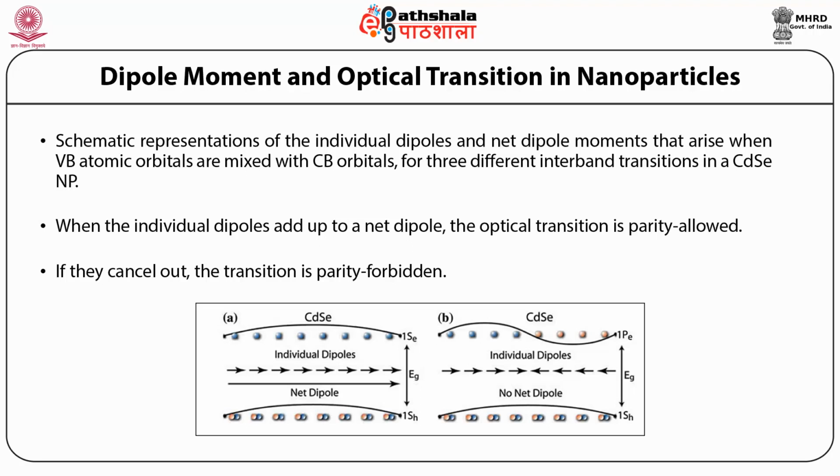In this case, as all the atomic orbitals are in phase, all the dipoles of the individual unit cells point in the same direction, which results in an asymmetric electron density distribution in the nanoparticle when the 1S_e and 1P_e levels are mixed, giving rise to a net dipole, making the transition parity allowed.